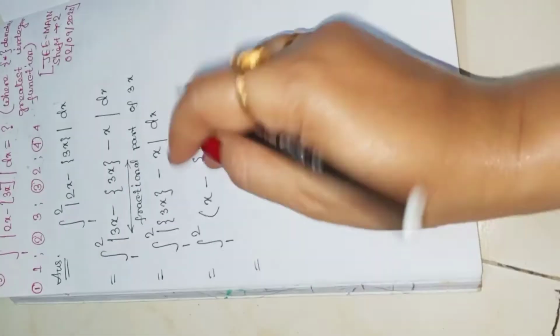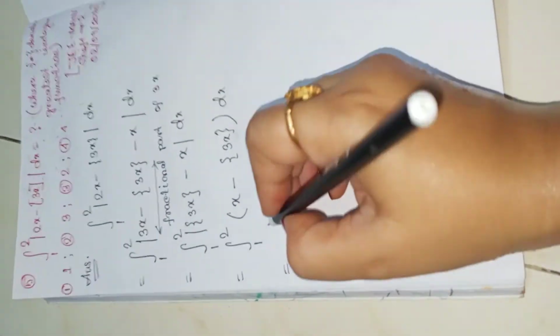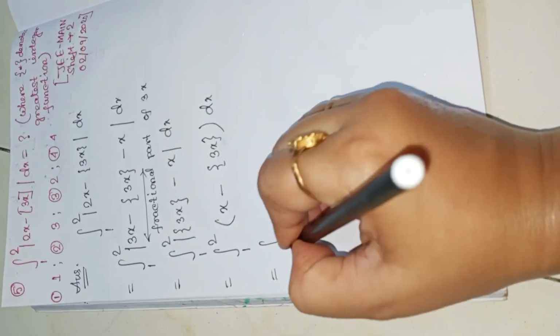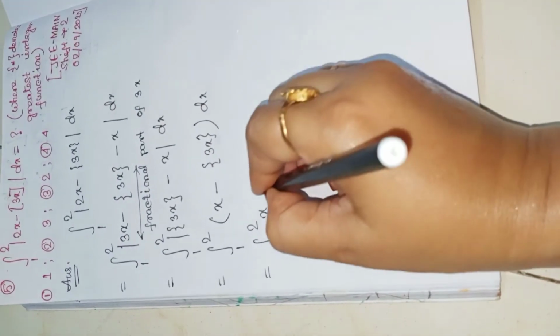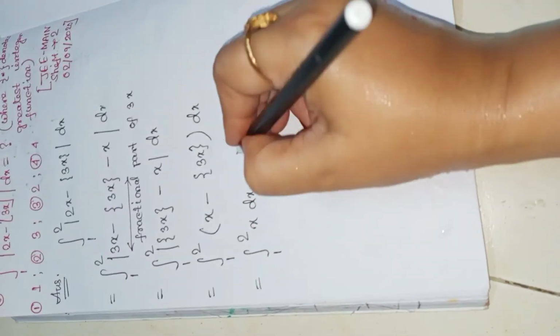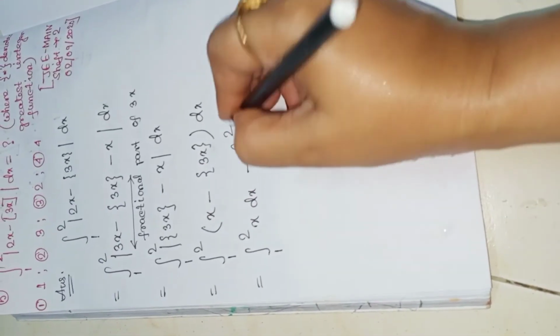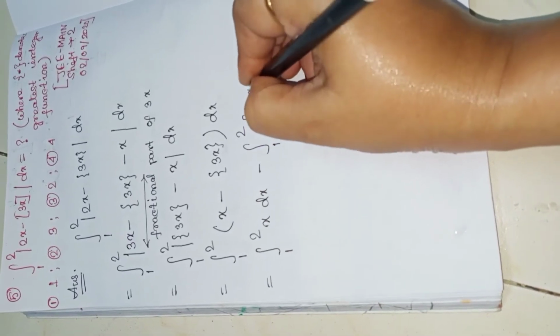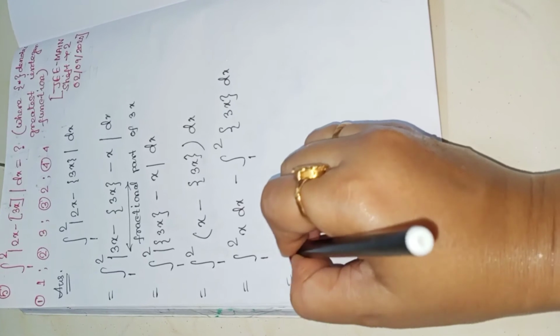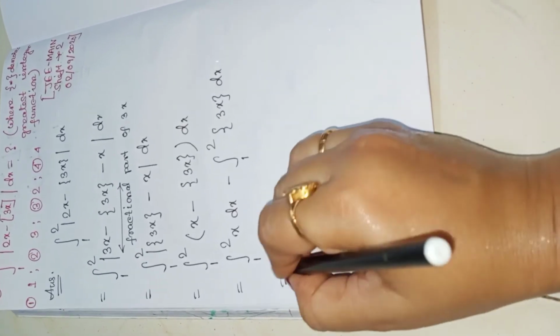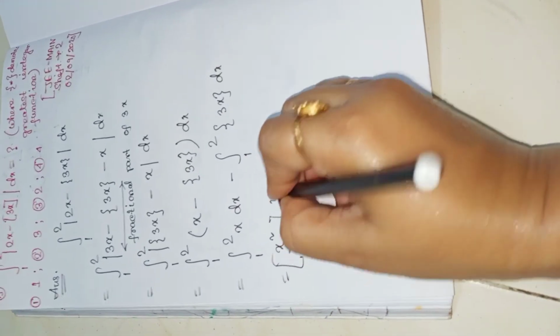So we divide this integral into two integrals: integral 1 to 2 of x dx minus integral 1 to 2 of the fractional part of 3x dx. It becomes x square by 2 between the limits 1 to 2.